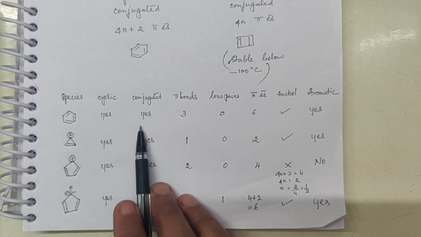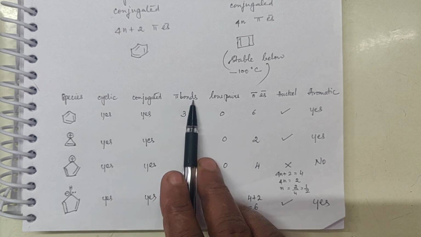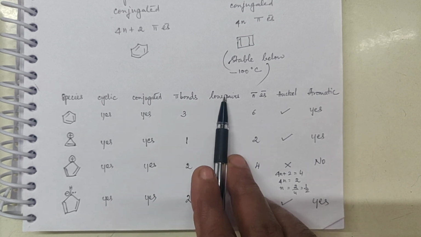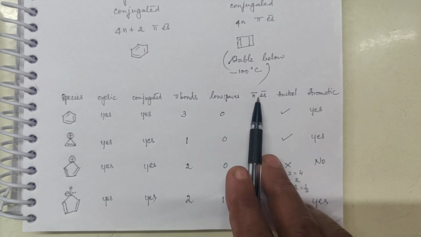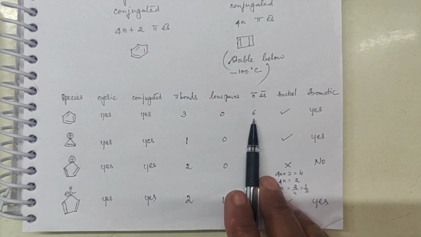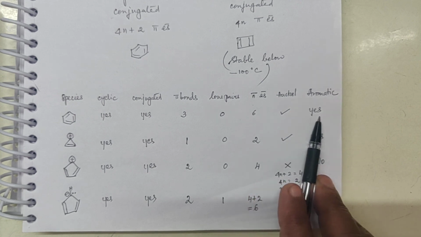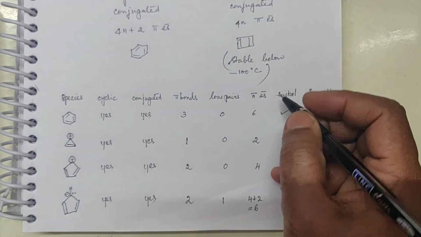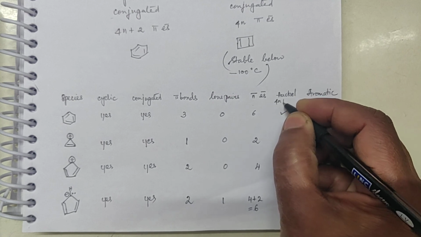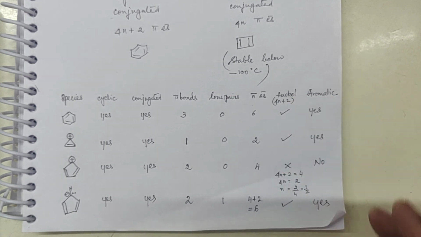Is it conjugated? Yes. How many pi bonds are there? 3. Is there any lone pair? No. How many pi electrons? 6. Is it following Huckel's rule? Yes. Then it is aromatic. Huckel's rule means here you have to see whether the 4n plus 2 rule is followed or not.